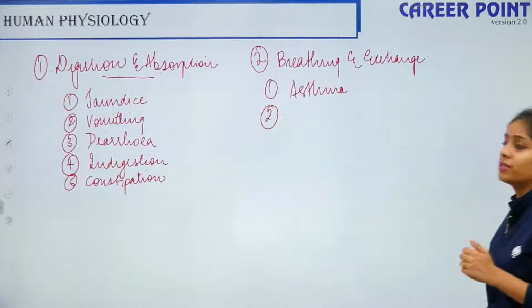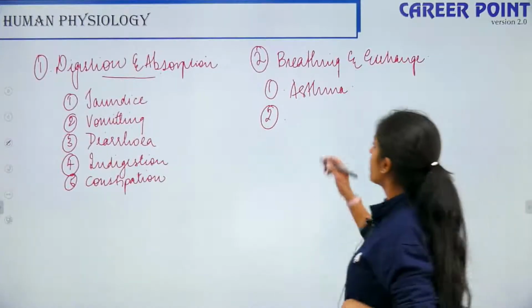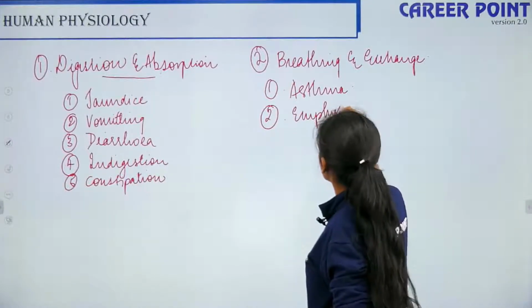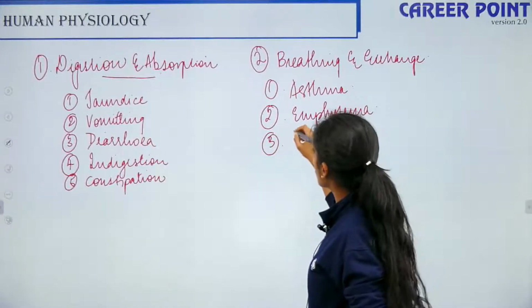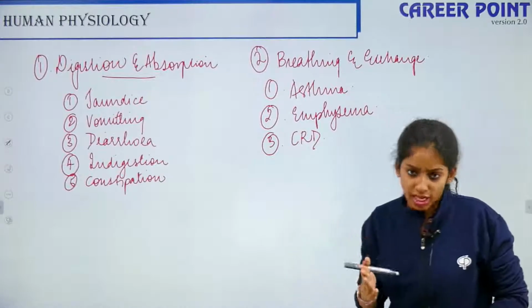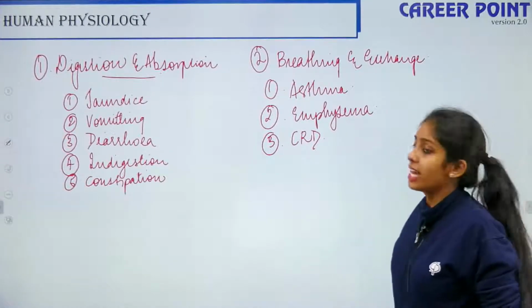That is what happens in asthma. After that, you have emphysema, which is caused due to smoking. And then you have chronic respiratory disorders, which are due to the inhalation of dust. Yes, you're perfectly right, Vishal. So this is about breathing and exchange of gas.